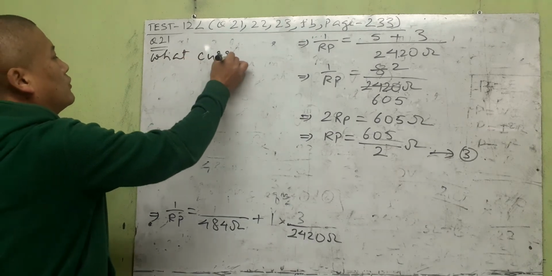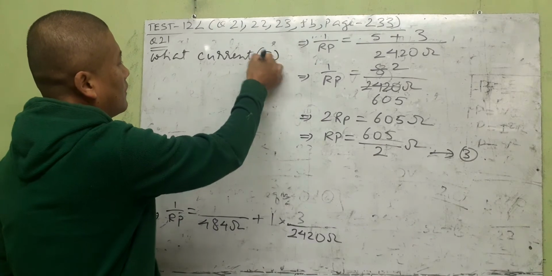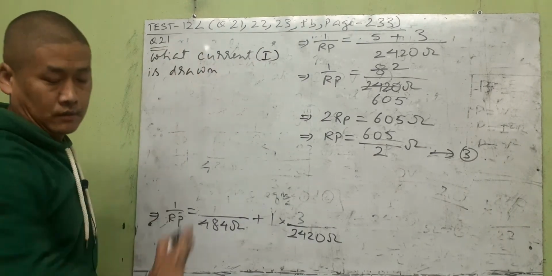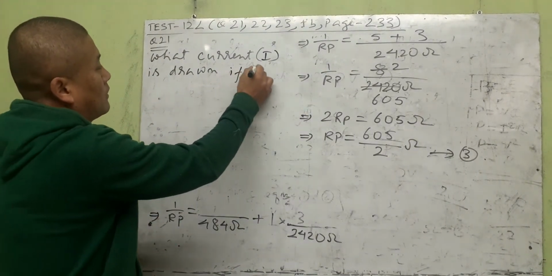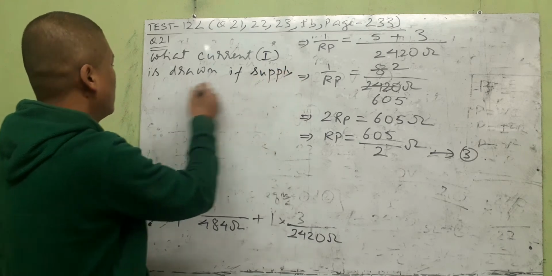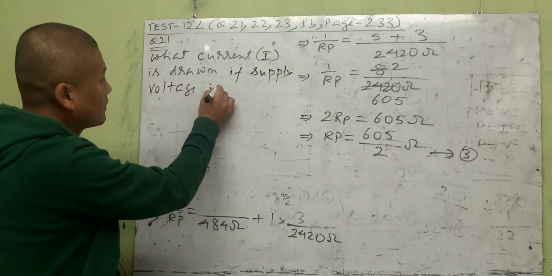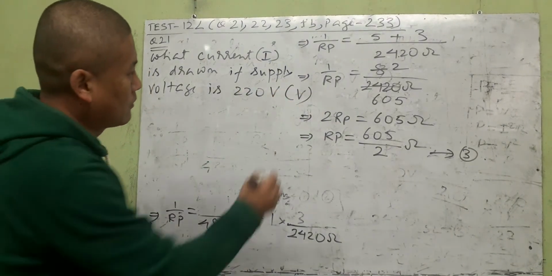What current, let us put here current I, is drawn, according to the exact language of the text, if the supply voltage is 220 volts. Let's put this one as V. The question is this one.